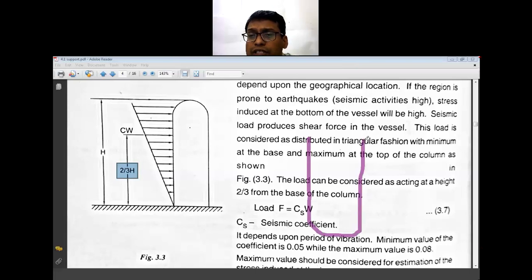So Mw upon Z, Z is nothing but the section modulus, which is Mw upon pi by 4 dO square upon TSK. Similarly, the stresses due to the wind load also have to be calculated.